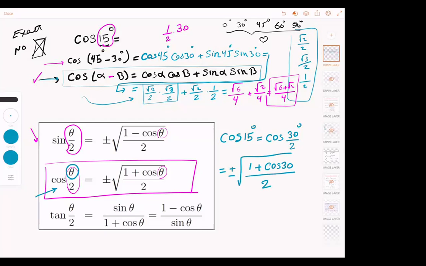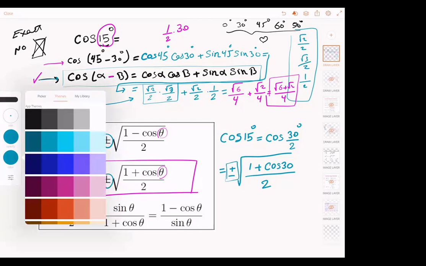When we are using the half angle formula, you see plus and minus here. So your job is to pick, is that plus or minus? Which one should I pick, plus or minus? Yeah, we will pick plus.